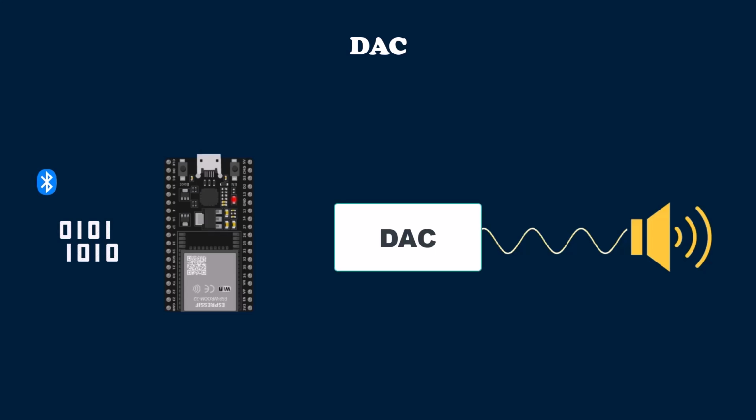It takes that digital stream and converts it into analog audio, something your speaker or amplifier can actually play. We'll be using an external DAC module for this, something like the CJMCU 1334. It gives us much better sound quality than the ESP32's internal DAC, which is honestly a bit noisy and limited.